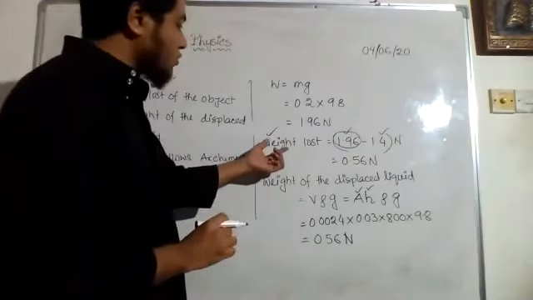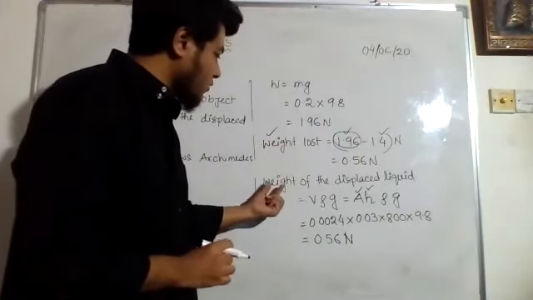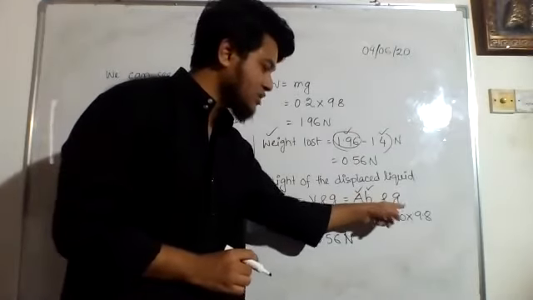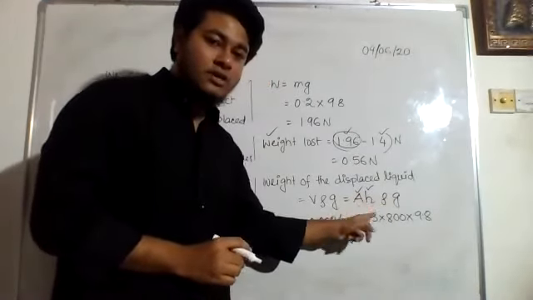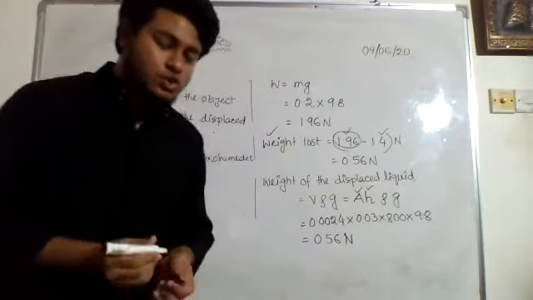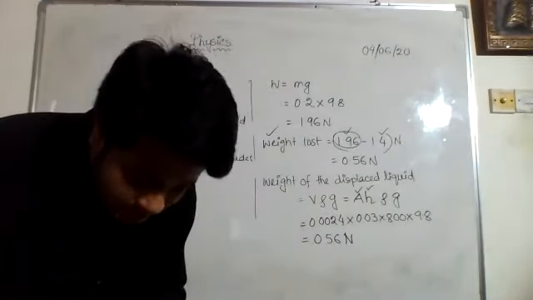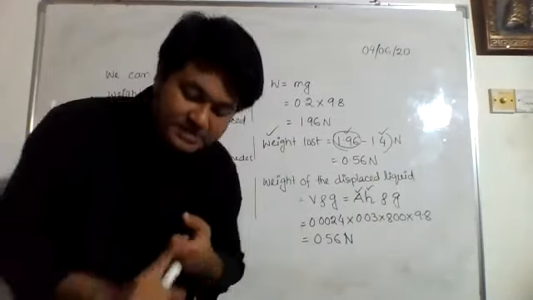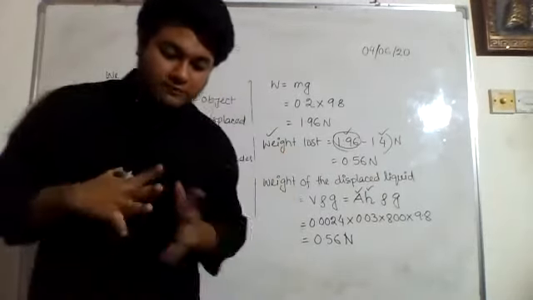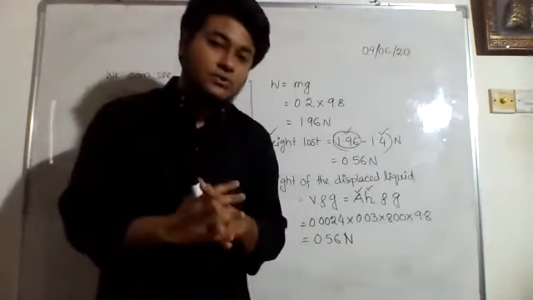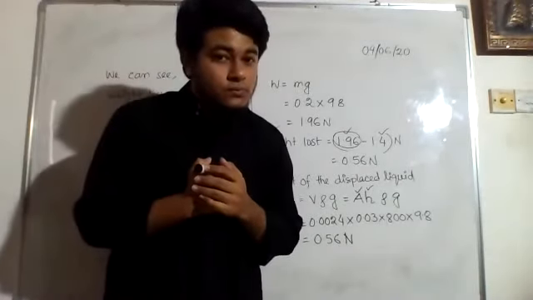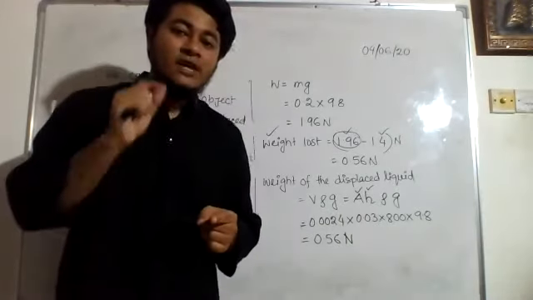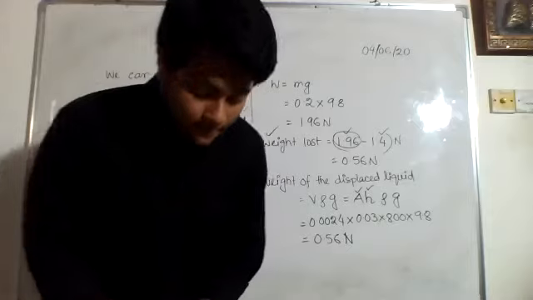To calculate the weight of the displaced liquid, we need area, height, and density. g we already know. Area and height are given. The last information we should look for is the density. Is the density given in the question? The density is not given. We have completed reading the question and the density is not given. Now what should you do? If you remember, I already told you that water information is in the book.